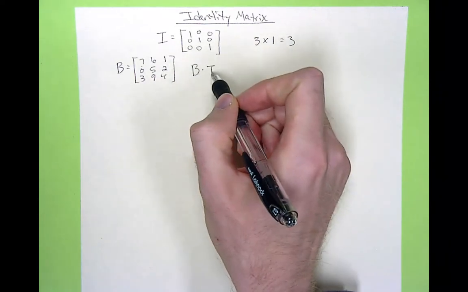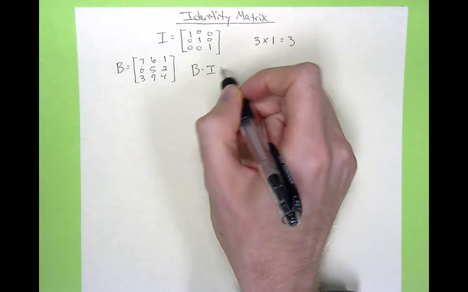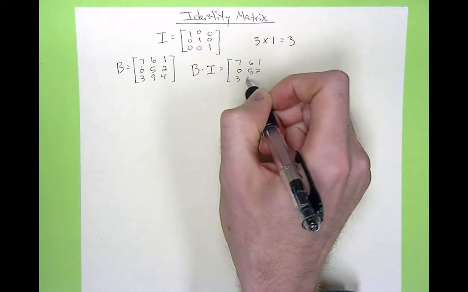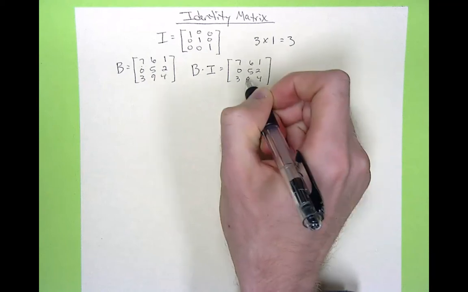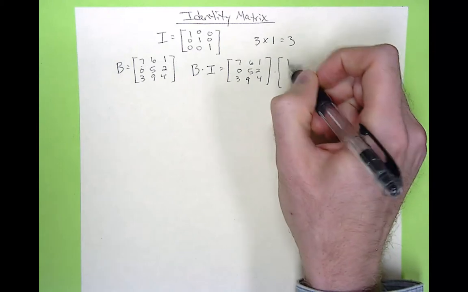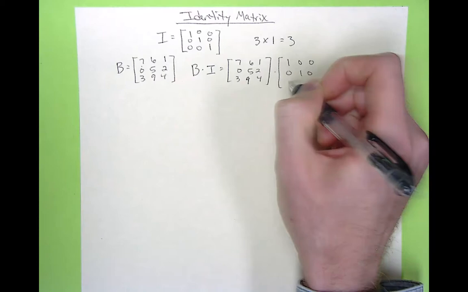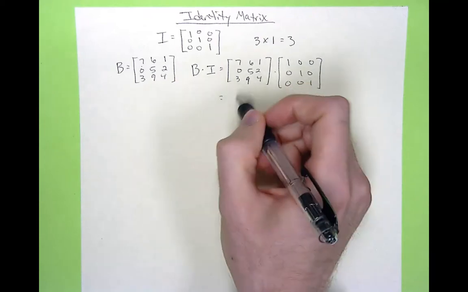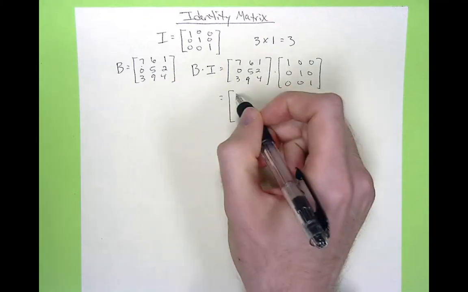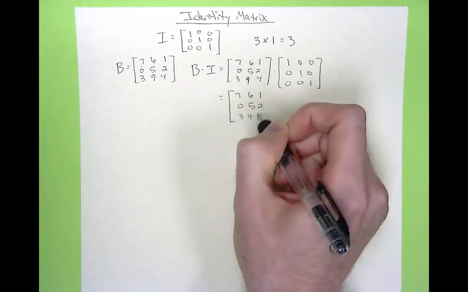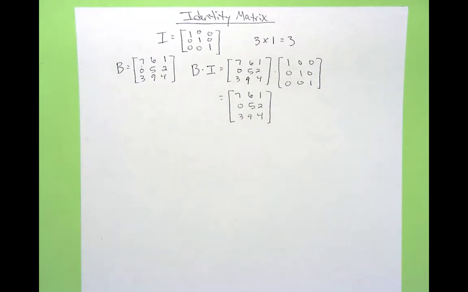So B times I, 7, 6, 1, 0, 5, 2, 3, 9, 4 times 1, 0, 0, 0, 1, 0, 0, 0, 1. And that's going to give us the same thing, 7, 6, 1, 0, 5, 2, 3, 9, 4.